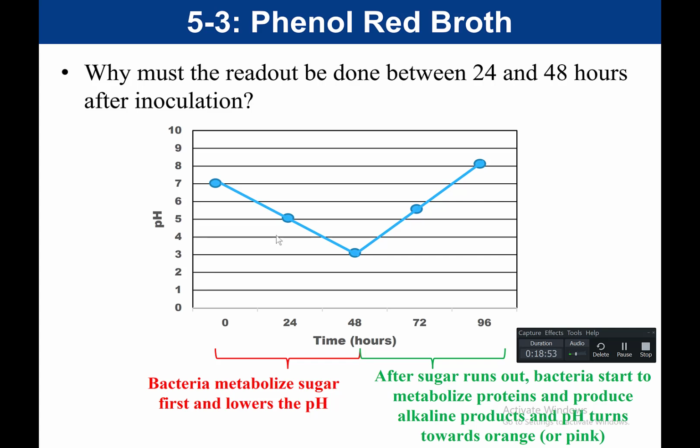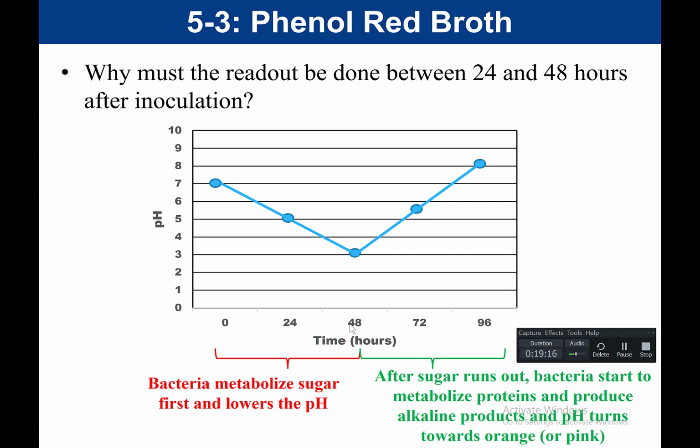As they do that, they will start to lower the pH, and the pH will go down, and that's why our yellow is going to be acidic, and that's going to be our positive. But once we get to about 48 hours, the sugar is going to begin to run out because as the bacteria are growing, they're utilizing that sugar as a food source.